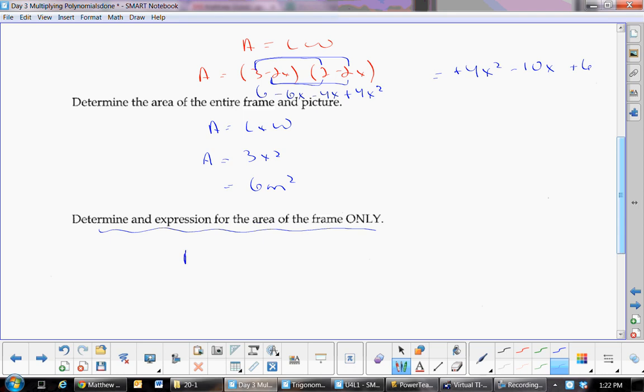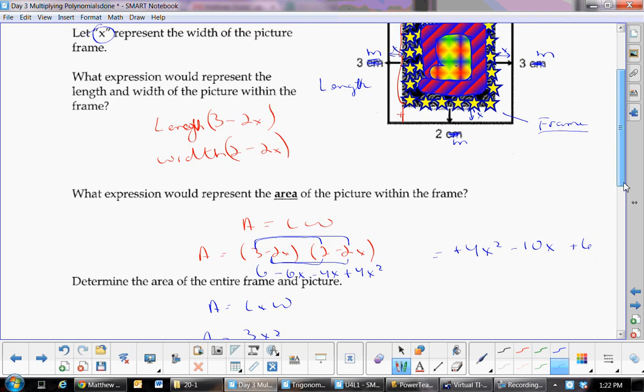So we want, area of the frame equals the area of the entire thing minus the area of just the picture. If you need a reminder of what the picture looked like, it's right there.